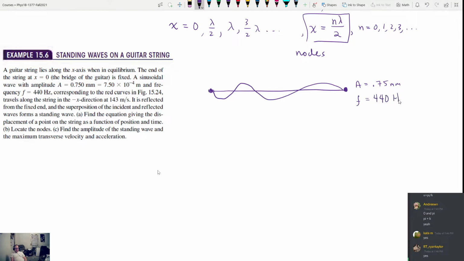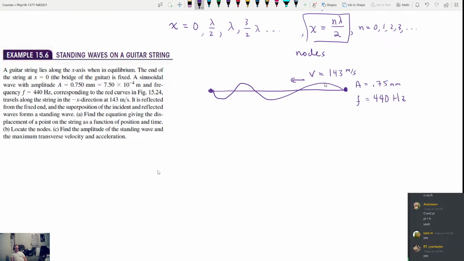They don't tell you, but 440 hertz is, I think, an A note. And then, what else do we know? We know it's traveling in this direction with a velocity equal to 143 meters per second.